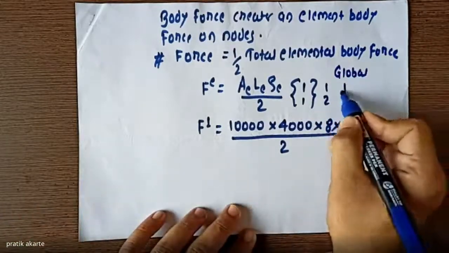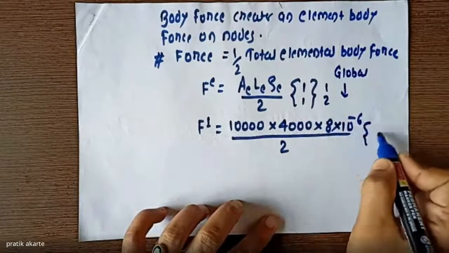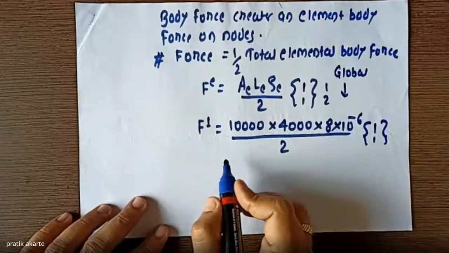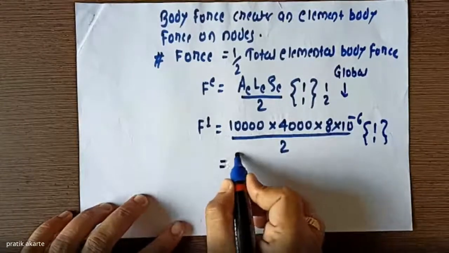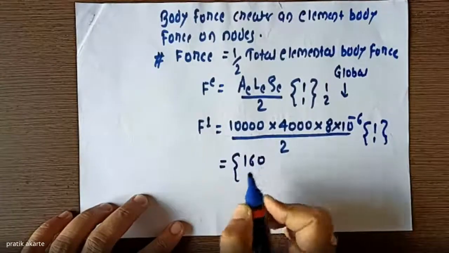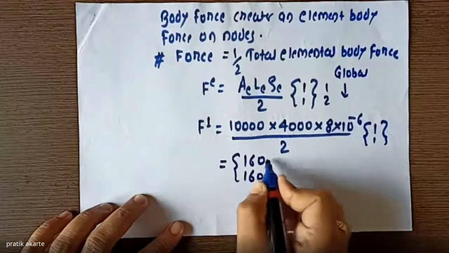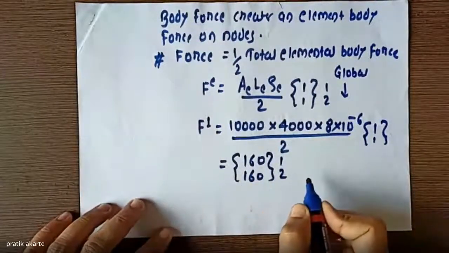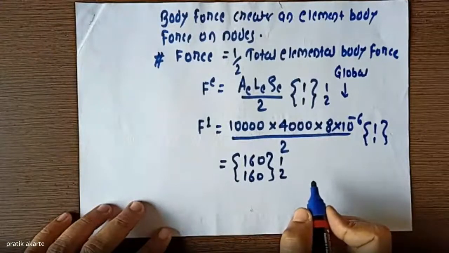Okay, so we can write over here 1, 1, and this force is coming out to be 160 and 160. So at node number 1, 160 force, and at node number 2 there is 160 force.